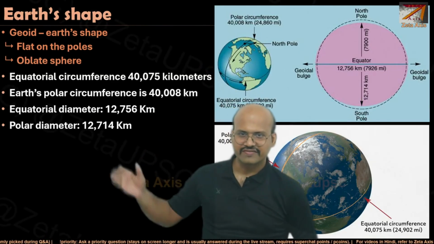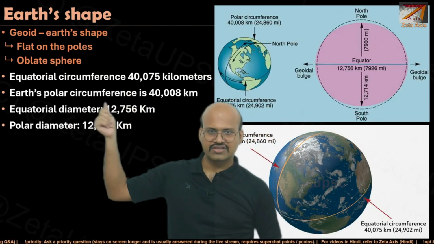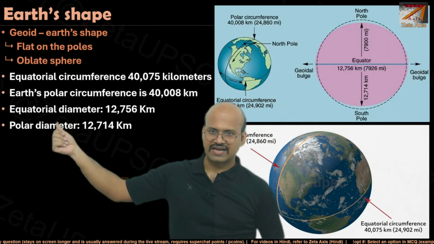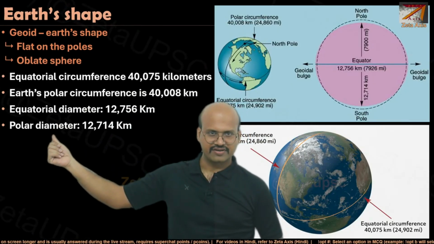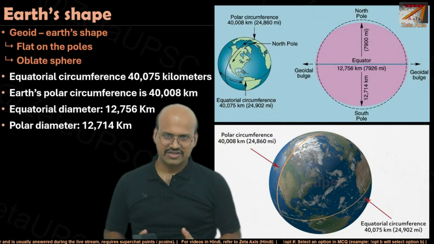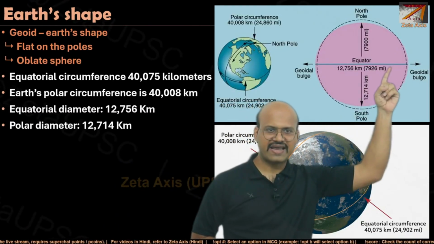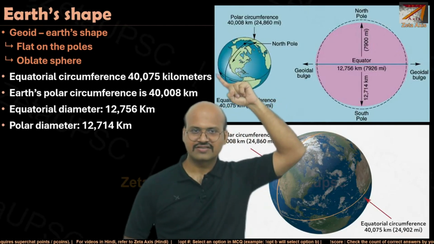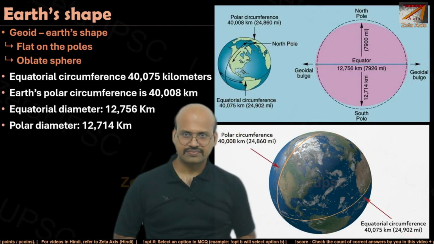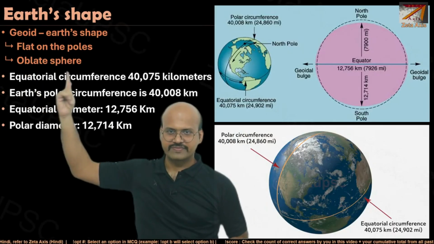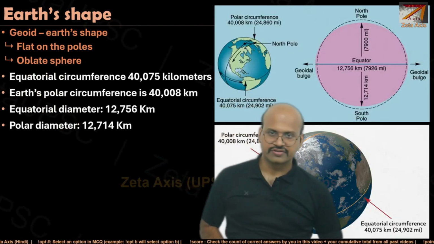These are the values, and the equatorial diameter is again larger than the polar diameter. You should know the difference between circumference and diameter. Diameter is the direct distance, while circumference is the distance on the surface. So our Earth's shape is a geoid or an oblate sphere. Both terms are used.